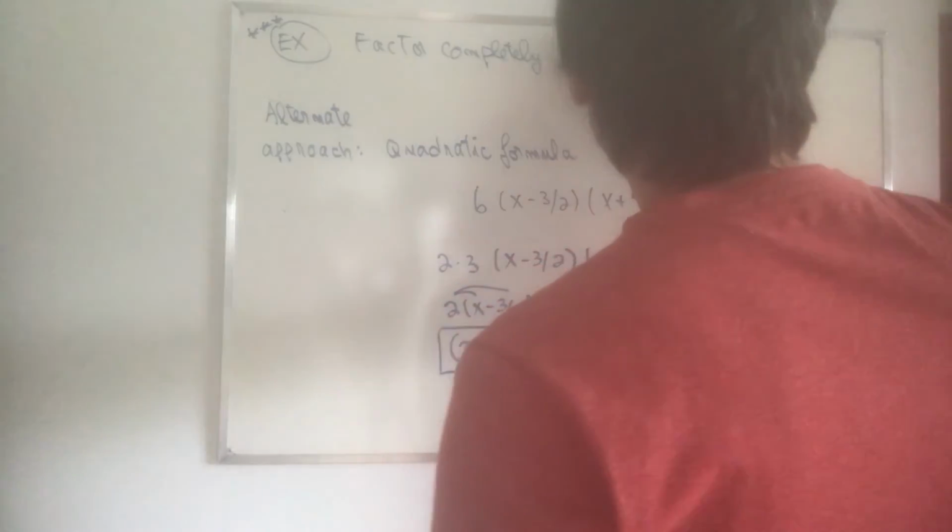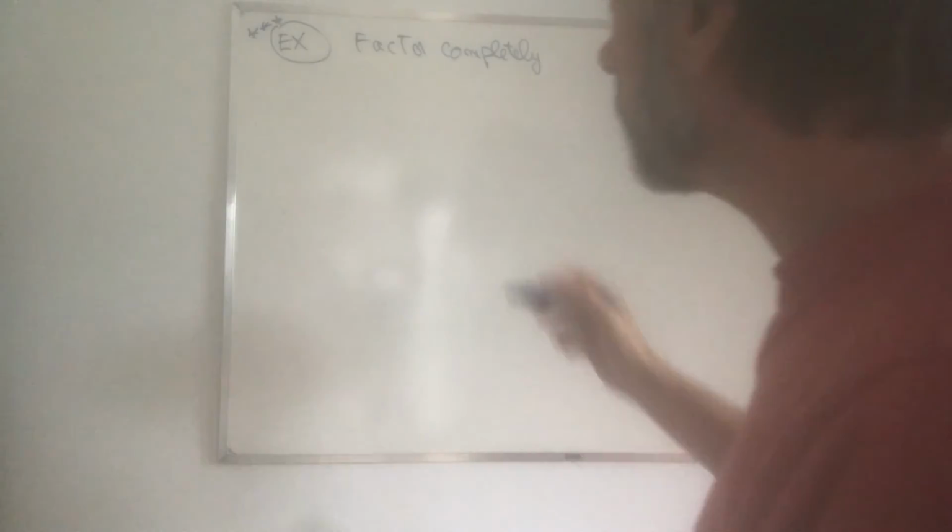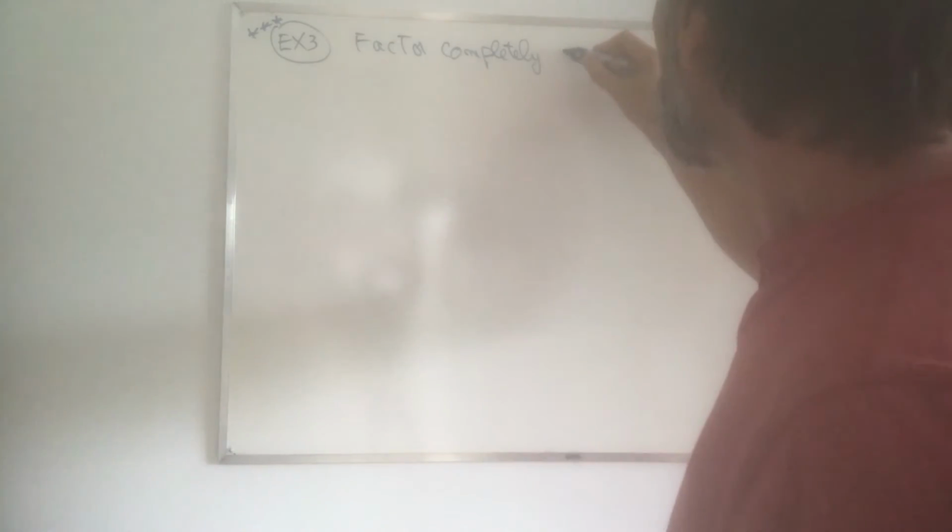Let us do perhaps one last problem that will summarize what we have learned today. Where's my sheet? So factor completely. This is example 3. We're going to keep this at 3 stars.